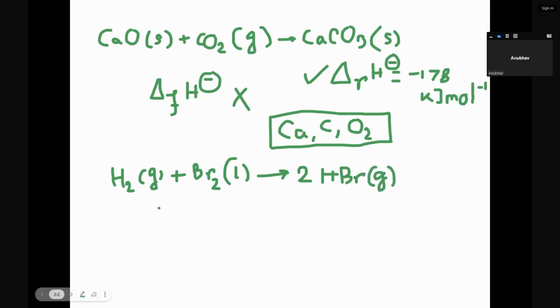So if from H2 gas and bromine liquid we are forming 2 moles of HBr gas, the del RH minus is minus 72.8 kilojoule per mole. That is del RH minus.